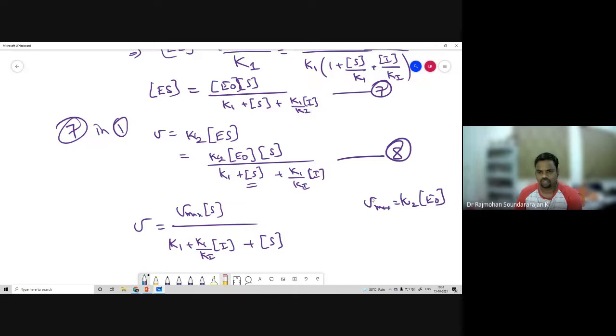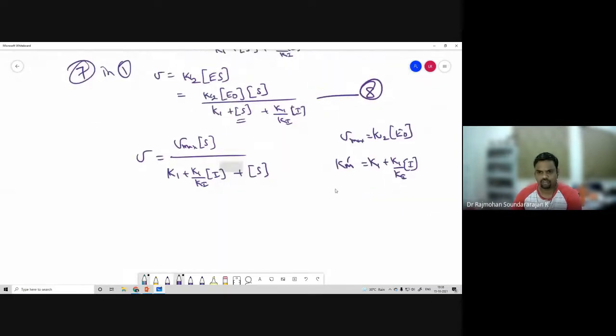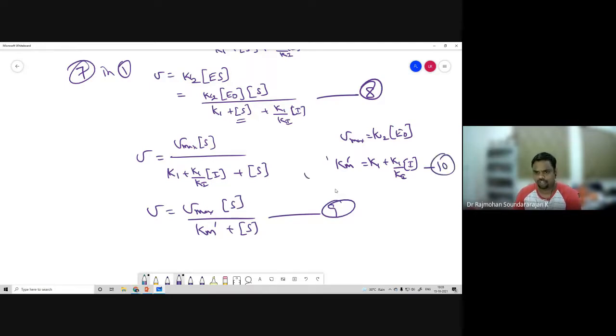So now we can also rewrite this in this form. Km dash is equal to K1 plus K1 by Ki into the concentration of I. So this comes out to be a form where V equals Vmax into S divided by Km dash plus S, equation number 9, where Km dash is equal to this term.